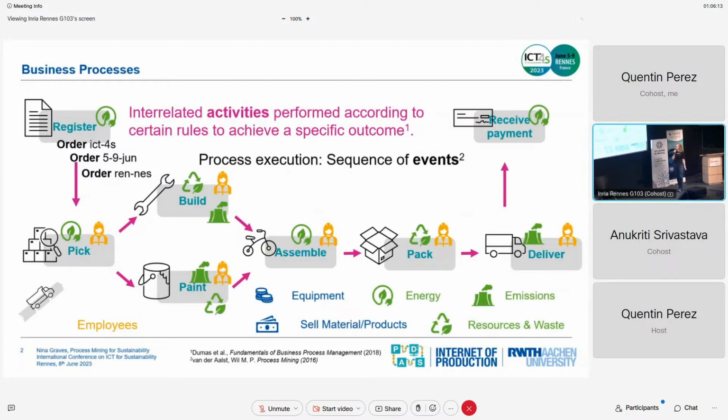And then we have great environmental impacts. We have energy consumption, we create greenhouse gas emissions, we use materials and create waste. So these business processes are highly relevant when we're talking about sustainability.